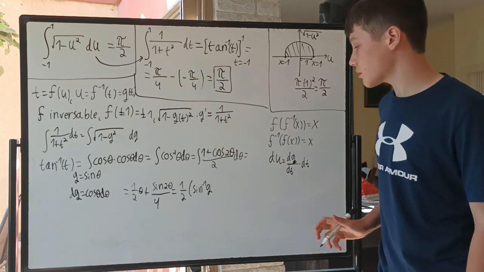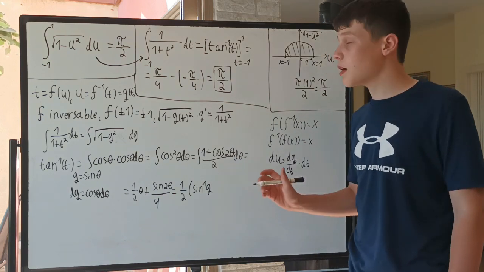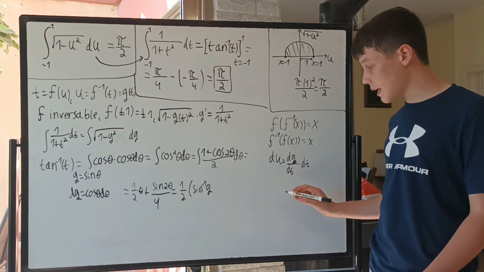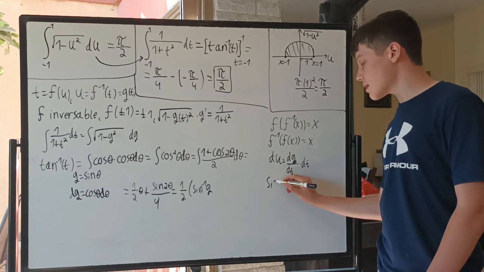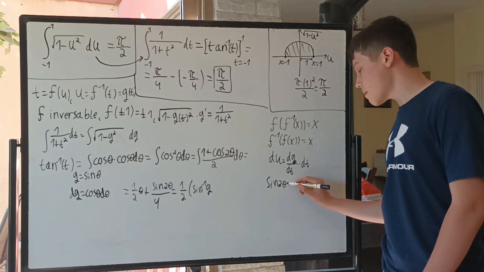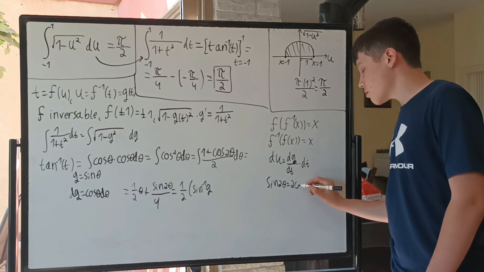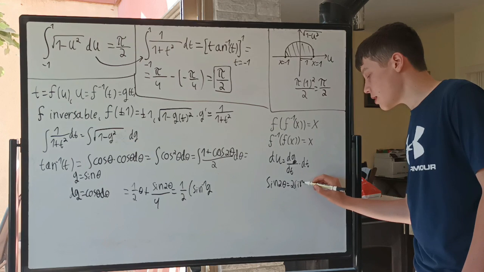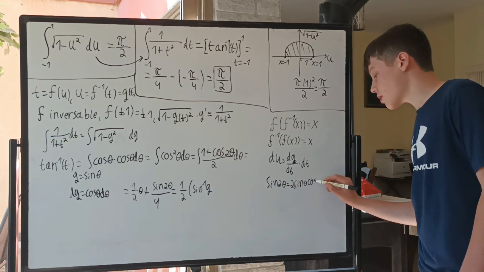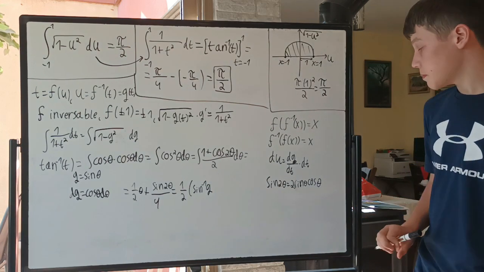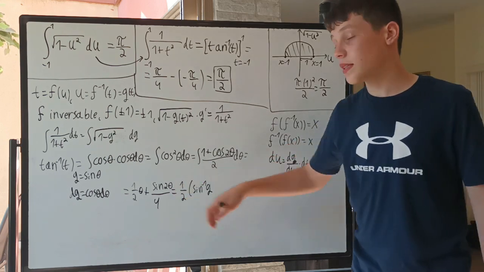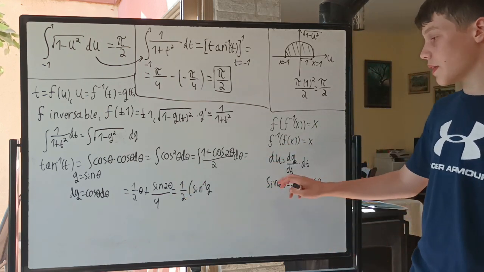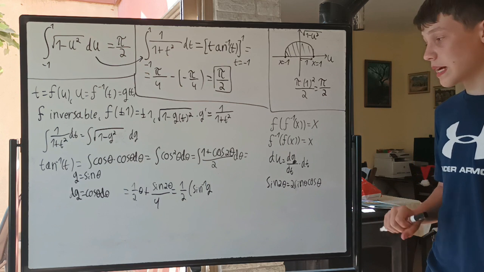And sine 2 theta, I'm going to use another double angle formula, which is that sine 2 theta is equal to 2 sine theta cosine theta. And if I plug this in here, I get just sine theta cosine theta over 2, because this 2 cancels out.